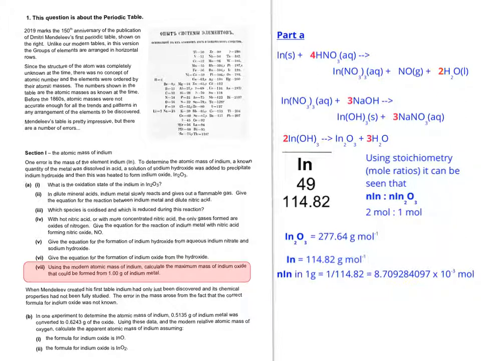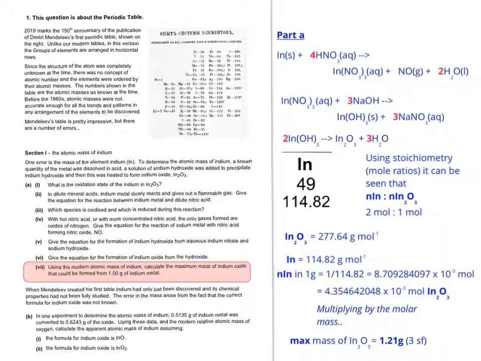It gives you 8.709284097 times 10 to the minus 3 moles using my calculator value, which, using the stoichiometry, I can halve to get the number of moles of indium oxide, and multiplying that by the molar mass, which is 277.64, we get 1.21 grams of indium oxide.